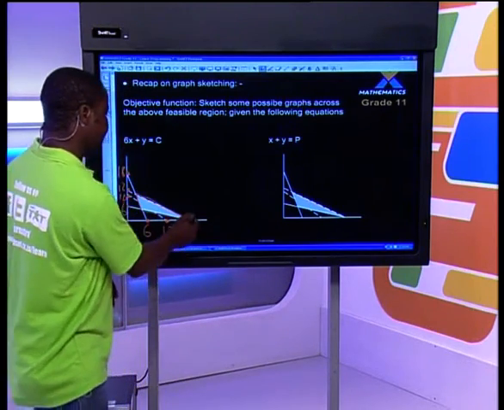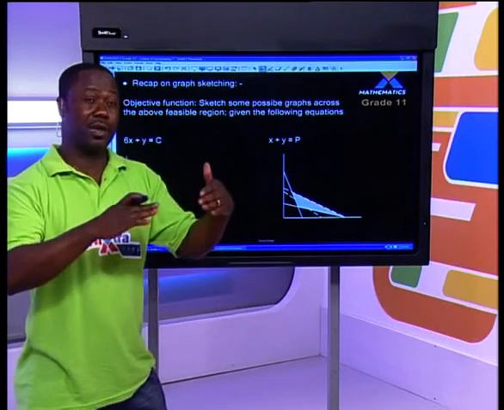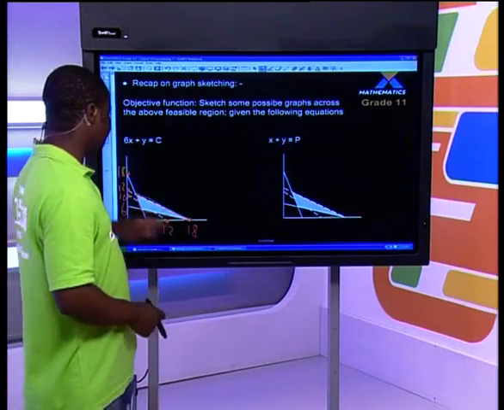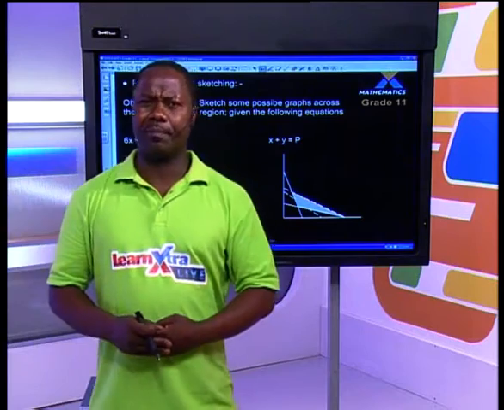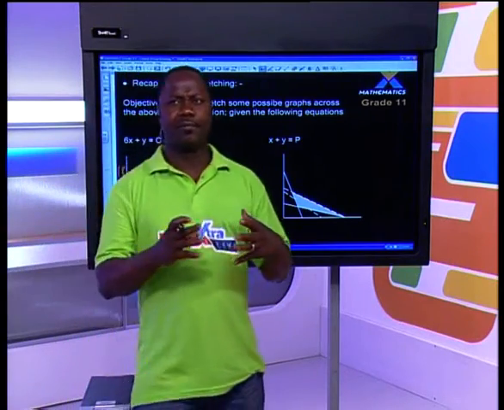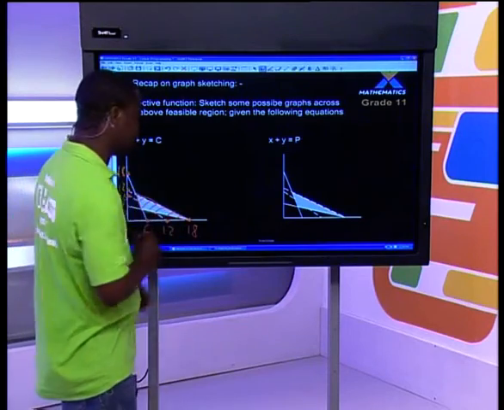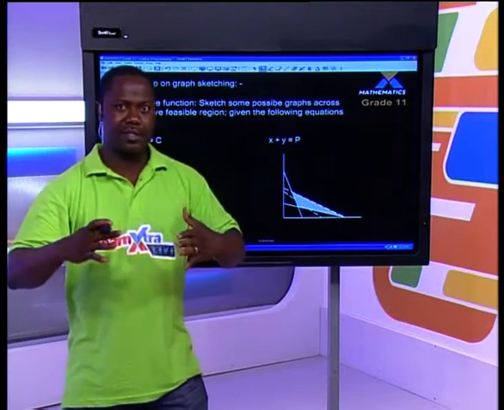Remember, the 18 came from one inequality, and 18 came from the other inequality as well. All right, so we end up with that. Now, the feasible region is this triangle that we have. All our solutions must come from that. We are working within the constraints that we have.